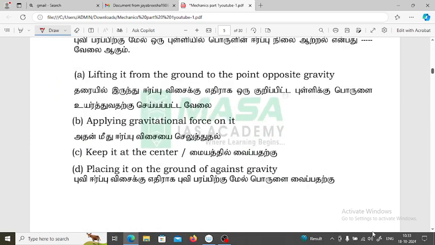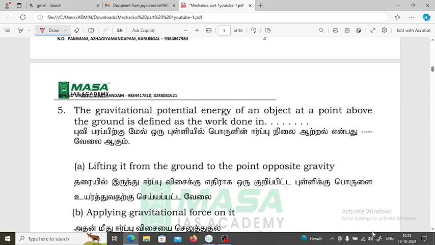Question number 5. The gravitational potential energy of an object at a point above the ground is defined as the work done in. புவி பரப்பிற்கு மேல் ஒரு புள்ளியில் பொருளின் ஈர்ப்பு நிலை ஆற்றல் என்பது. Question என்ன கேட்டிருக்கிறாங்க? Define the gravitational potential energy of the object.